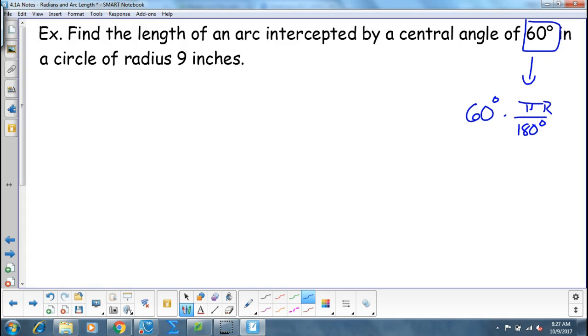And so that gives us pi over 3 radians. That's the first thing we needed to do, because we have to be in radians in order to do that problem.